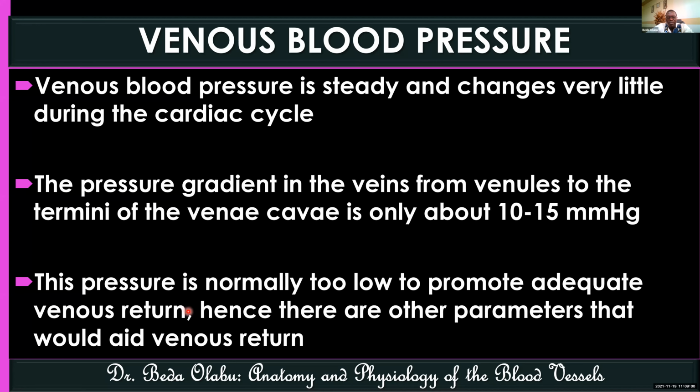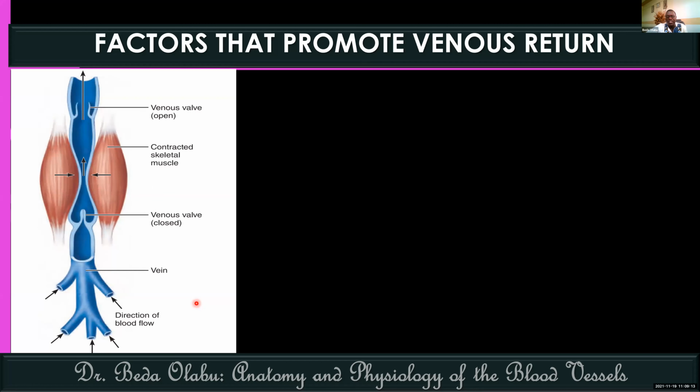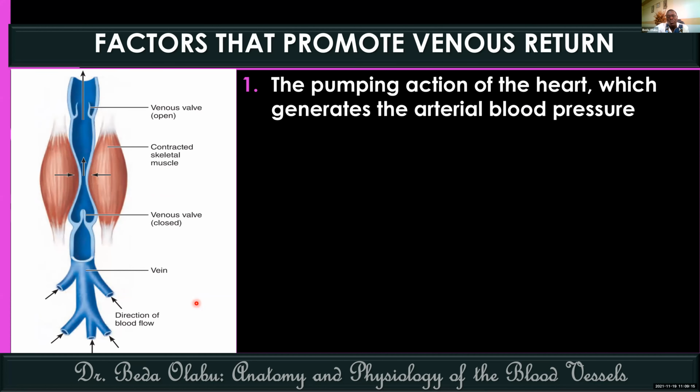For that reason, some other parameters must come into play to help blood in the veins go back to the heart. What are those parameters? What factors will promote venous return? Well, one of them is the pumping action of the heart, which creates the pressure in the arteries.